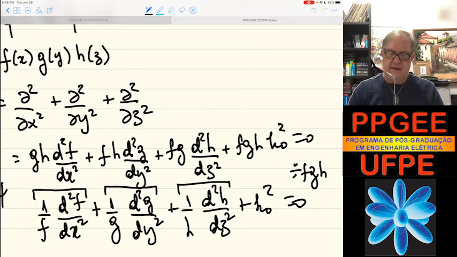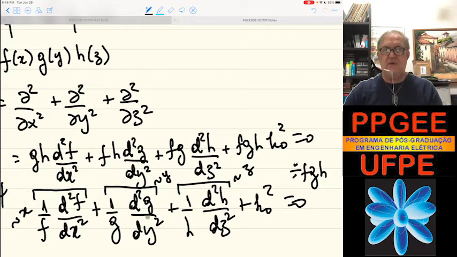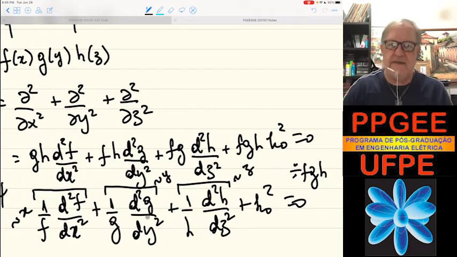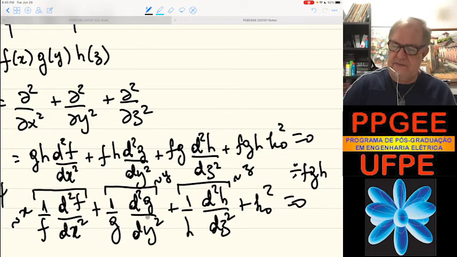This varies only with x, this varies only with y, and this varies only with z, and the combination of these things has to be constant. So the only possibility is that each term is a constant. Otherwise, I cannot balance this equation.